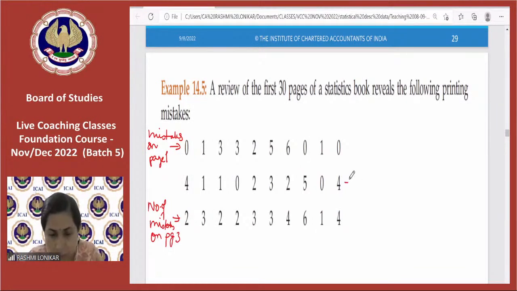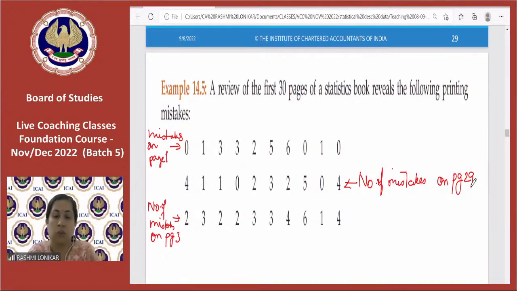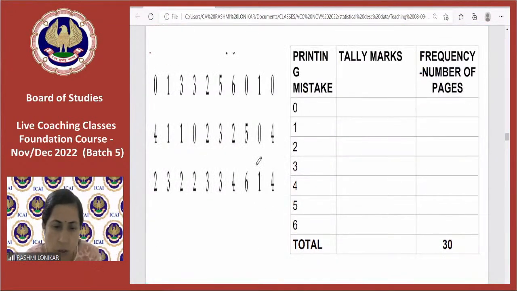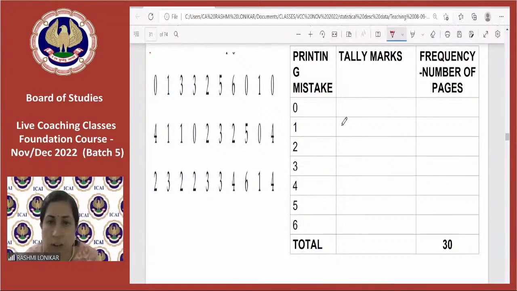This will be number of mistakes on page 29. This is the way I have collected that information. Now I want to make a frequency distribution out of it. So this is a chart I will prepare.